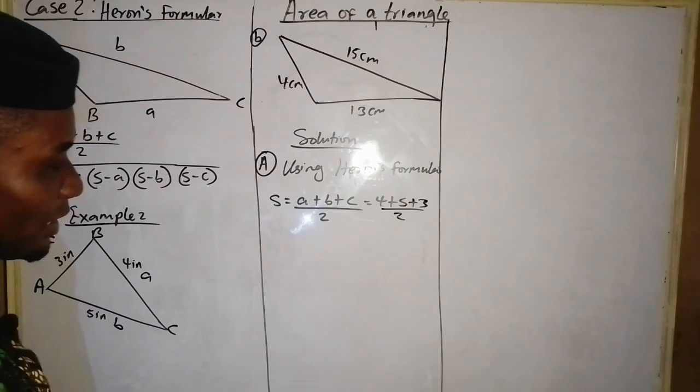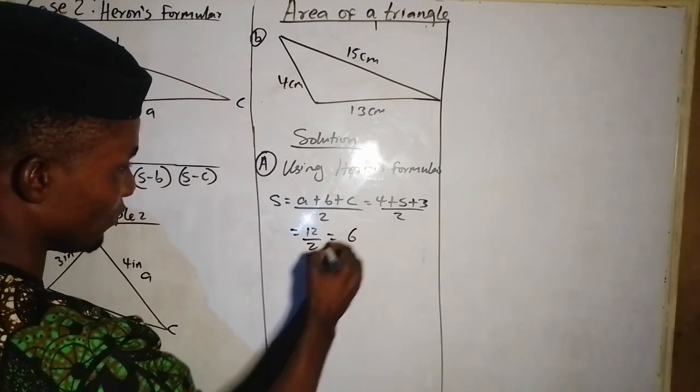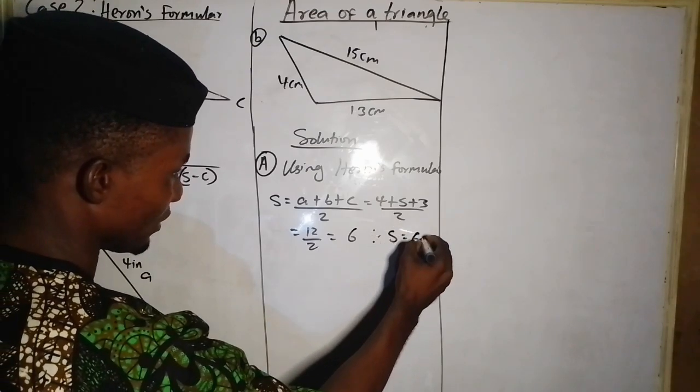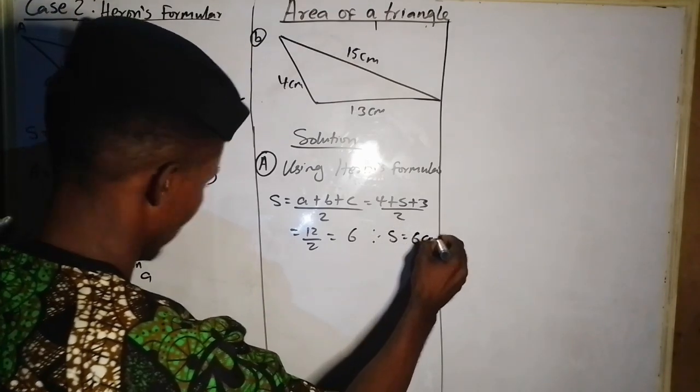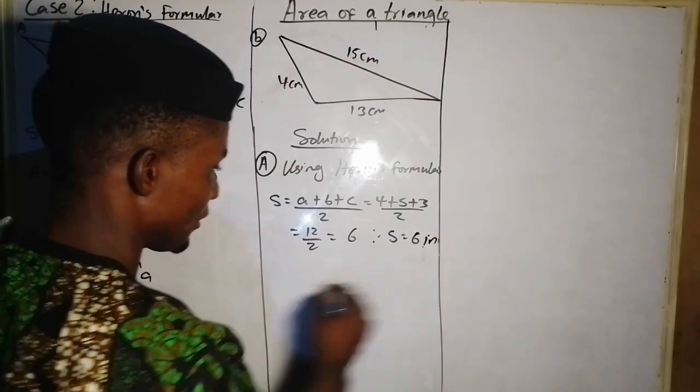4 plus 5, that's 9. 9 plus 3, that's 12. So we have 12 over 2, and that's going to give us 6. Therefore, the semi-perimeter equals 6 inches.